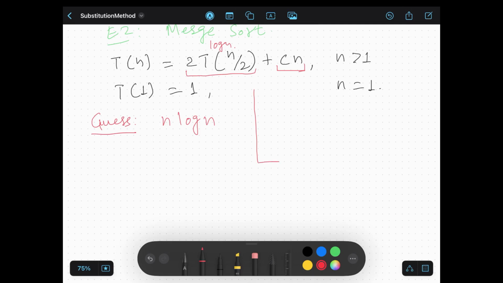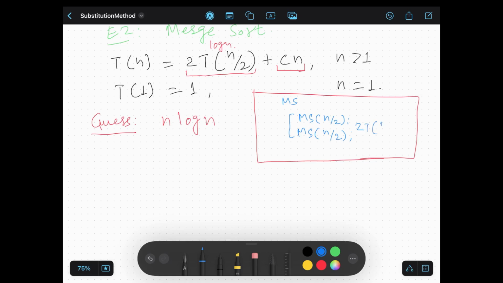Because if you watched my previous sessions, how does the code look like? If this is the merge sort function, we call the merge sort for n upon 2, and we call merge sort n upon 2, which is 2 times, right? That's why this becomes n upon 2.